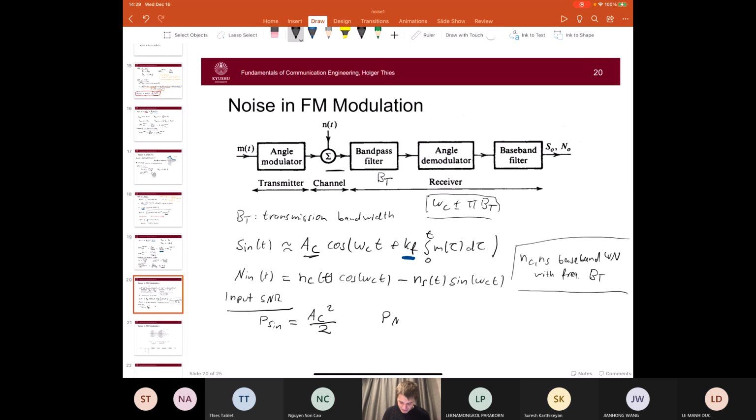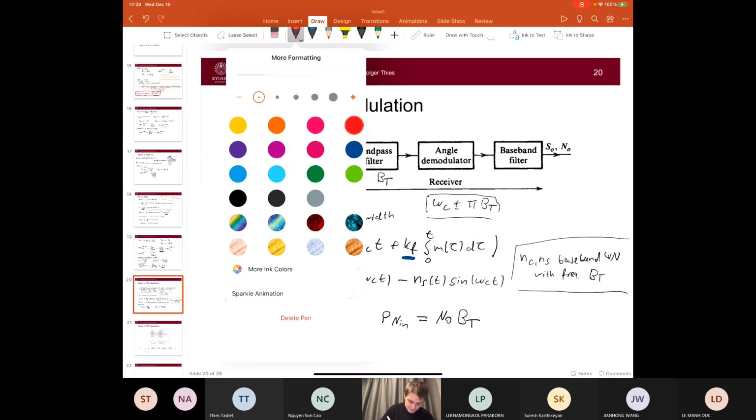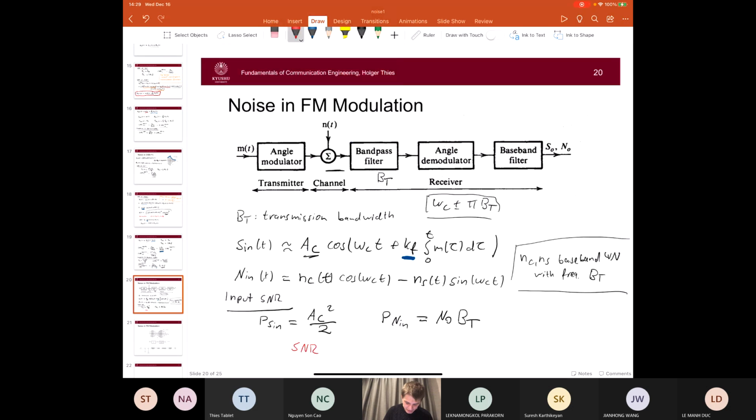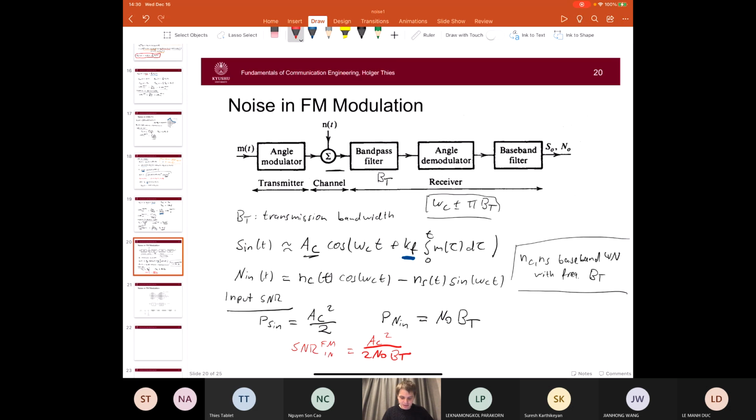The power of the noise, as we have seen a couple of times, will be N0 times BT. So the signal to noise ratio for FM at the input is the power of the signal divided by the power of the noise, which is AC squared over 2 N0 BT.